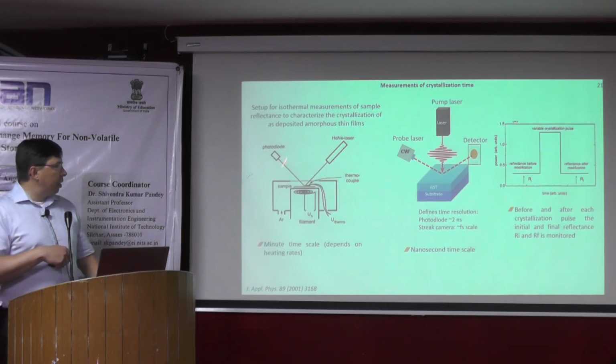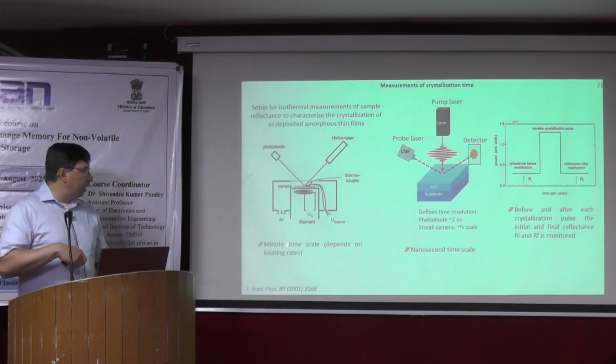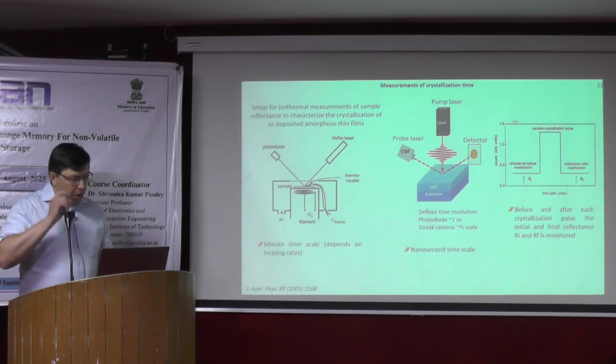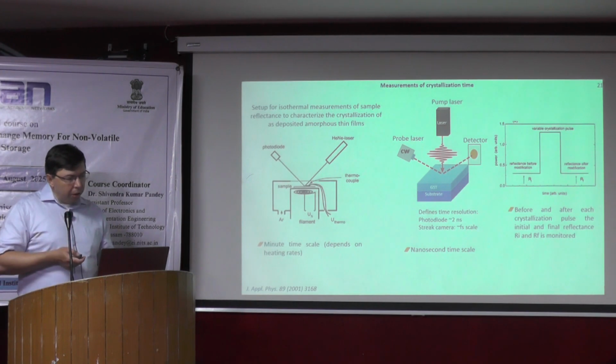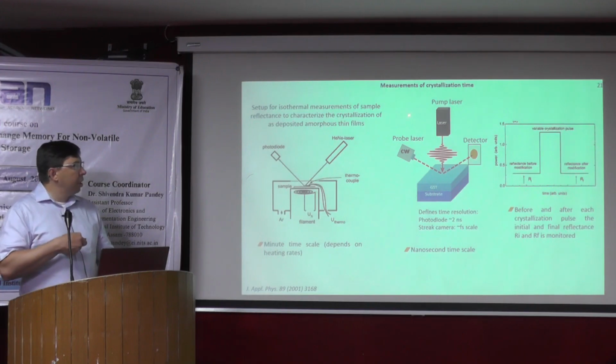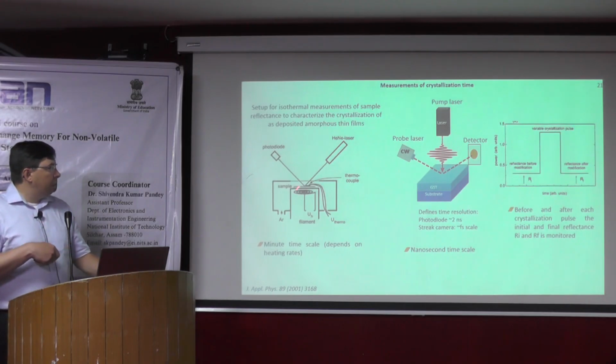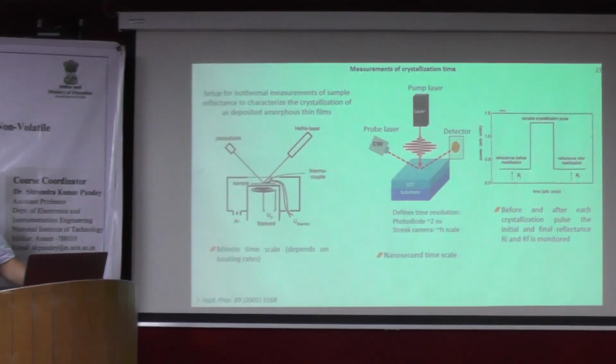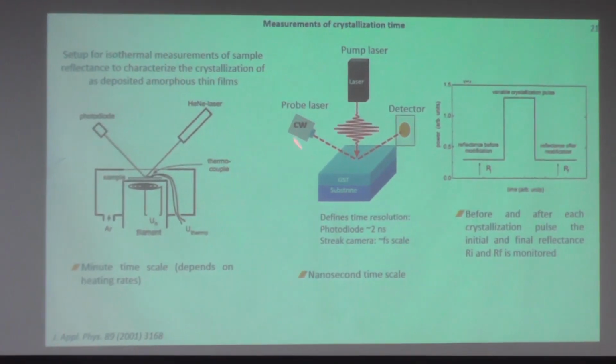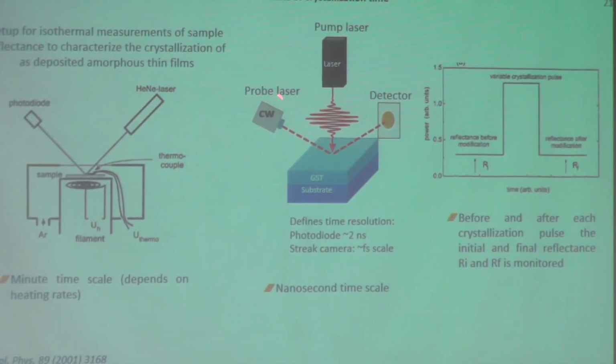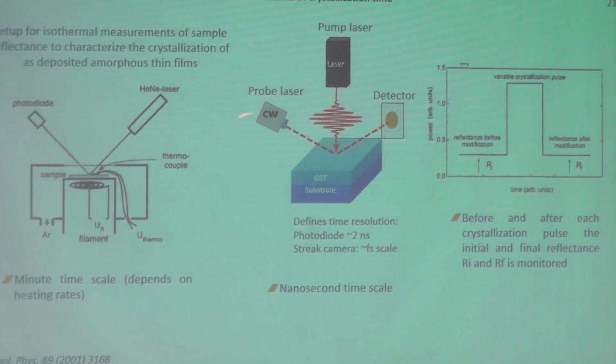But this setup is limited by the time scale. This is a linear time scale. Of course you can increase this maybe by fast heating setups. Another setup is based on direct laser heating, and here instead of a thermal heating element they use laser heating, like a pump laser, and then we can measure the crystallization or amorphization times by using a CW laser, a continuous wave laser.